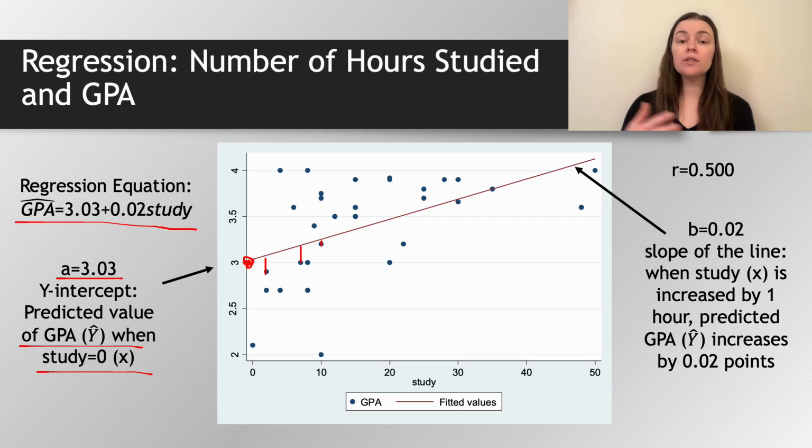However, we're also trying to study the effect of number of hours studied on overall GPA, and we know that it's a positive effect. So what we're essentially trying to do is encourage people to study, right? We want people to do better overall at school and have a higher GPA. And so if we can show them incrementally, if you study more and more, what will happen to your GPA, that could possibly encourage them to study more.